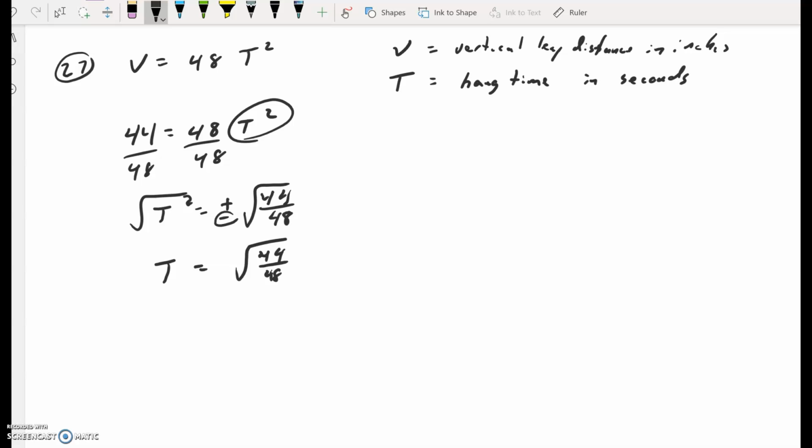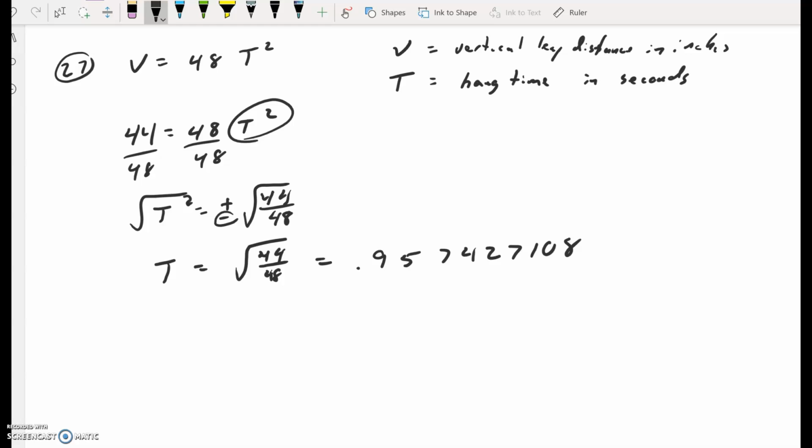And since I'm going to do the square root of 44 over 48 anyway, it doesn't make much sense to me to reduce it. I'm just going to grab a calculator, and I get something like 0.957427108. I say that just so you can make sure you're pressing the right buttons in the right way.